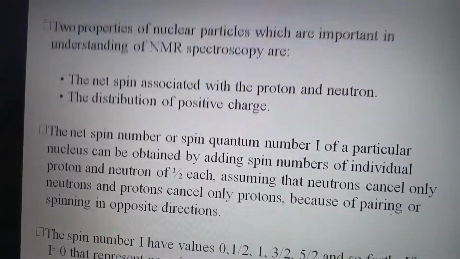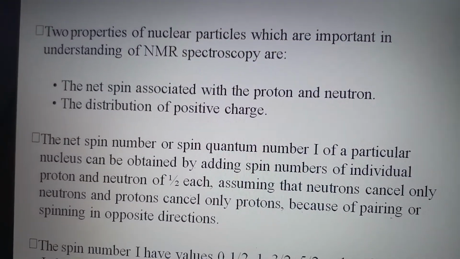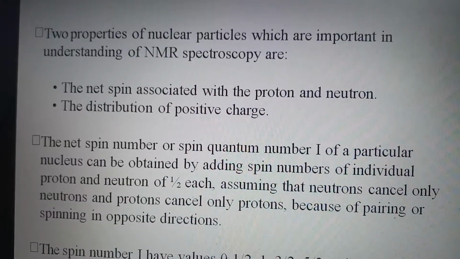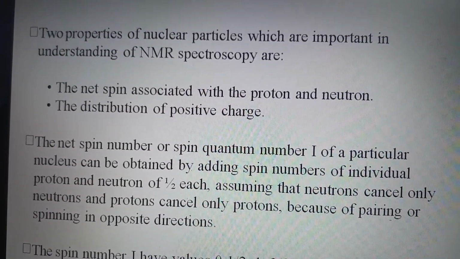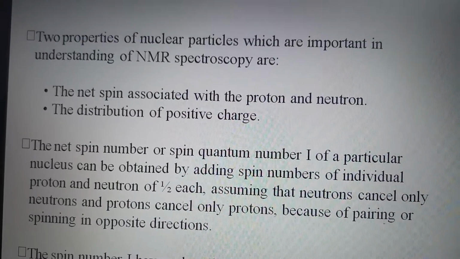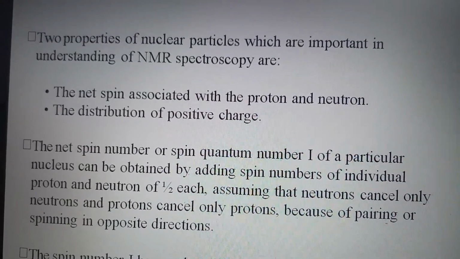We all know this from our physical chemistry theory chapter. Now, two properties of nuclear particles which are important in understanding NMR spectroscopy are the net spin associated with protons and neutrons, and the distribution of positive charge.